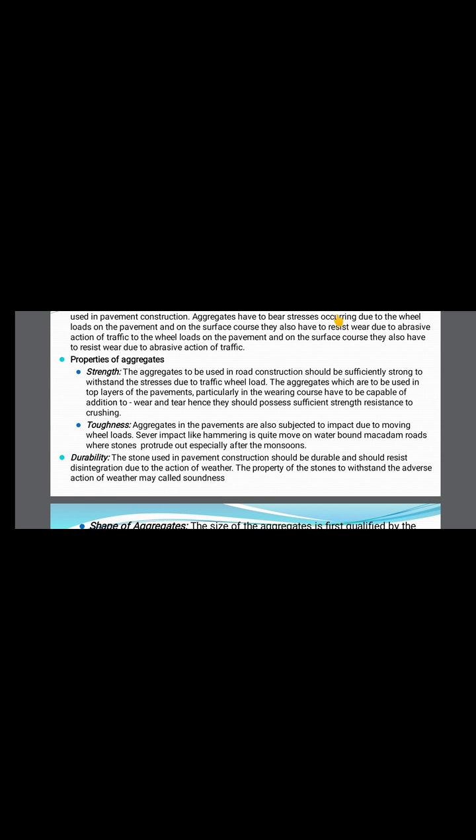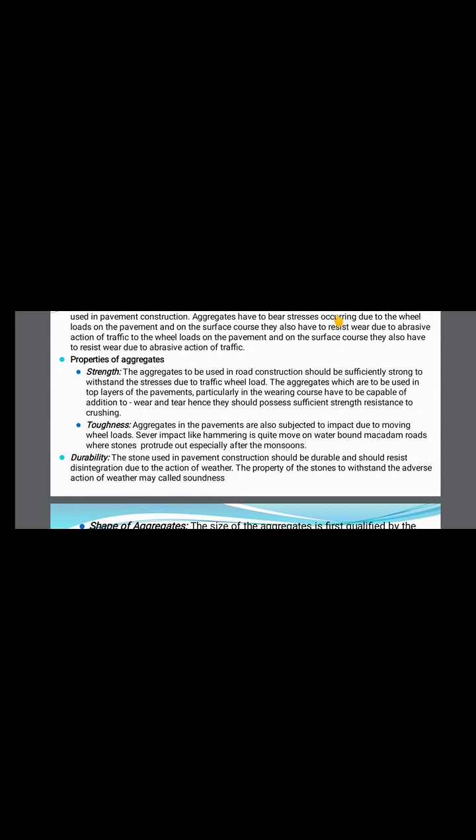After the monsoon, the aggregates become exposed on the top, because due to the rainwater the soil is eroded and the aggregates protrude from the pavement. Okay, so in such cases they are very vulnerable to the impact loads of the wheels of the vehicles.